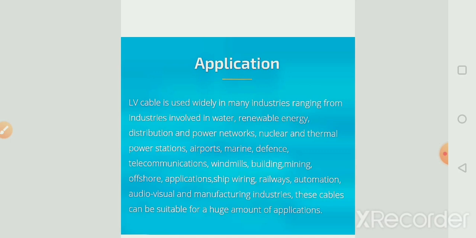Low voltage cables are used widely in many industries, ranging from water, renewable energy, distribution and power networks, nuclear and thermal energy, power stations, airports and defense, telecommunication, windmills, buildings and mining. We also use low voltage cable in railways, automation, audio visual and the manufacturing industry. So these are the applications of low voltage cable.